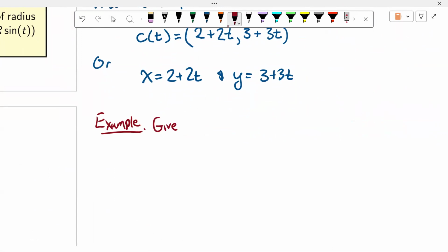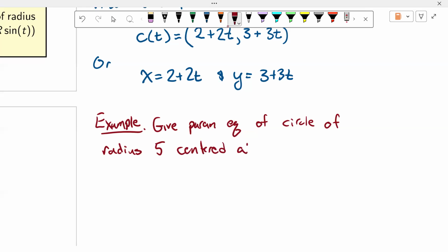We'll give a parametric equation of a circle of radius 5 centered at the origin. And really it's pretty straightforward.